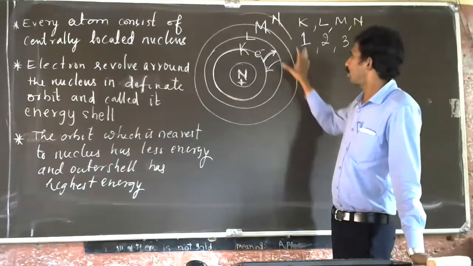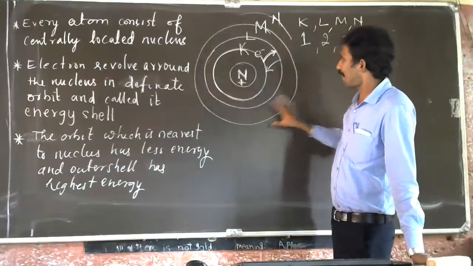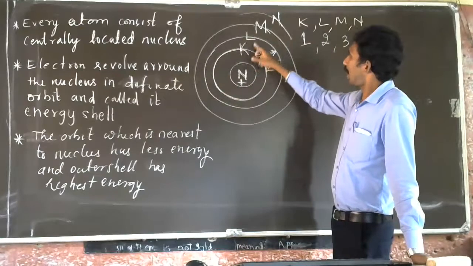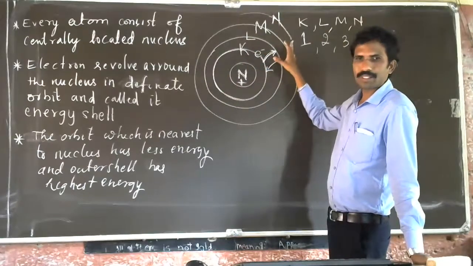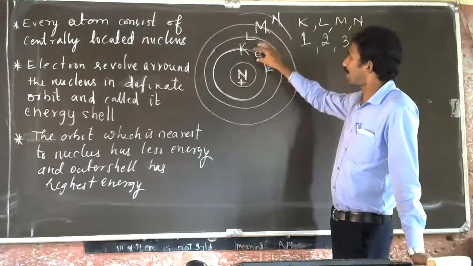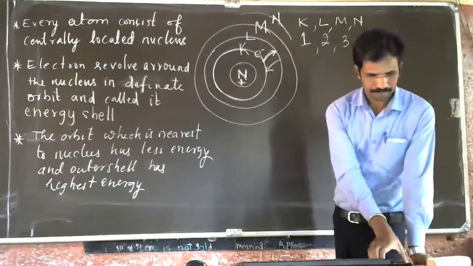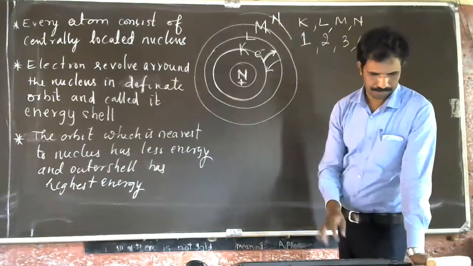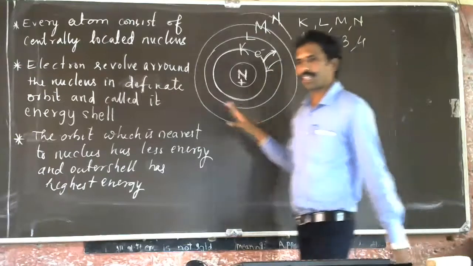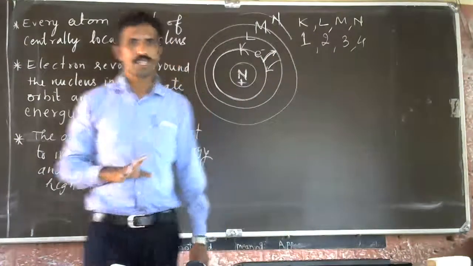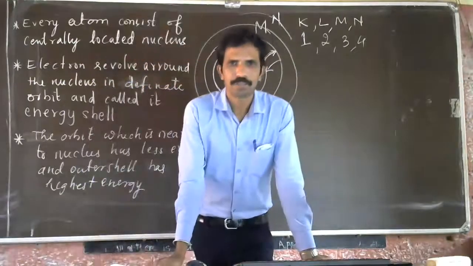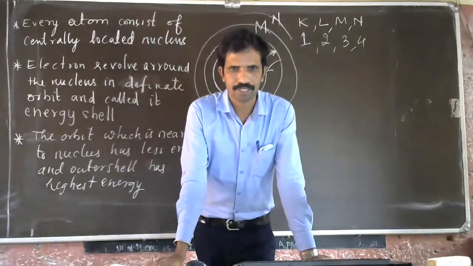You know that there are energy levels in the atom around the nucleus, called shells, like K, L, M. Each has a certain energy level, and electrons are located in those orbits. That was the theory proposed by Niels Bohr. If you have any doubt regarding this, just put a message or ask the question.